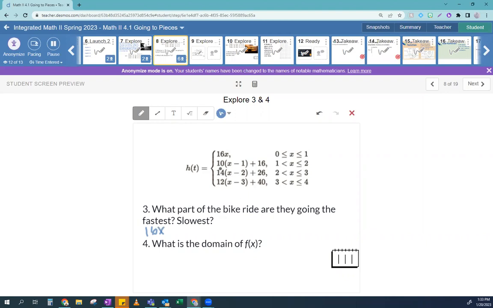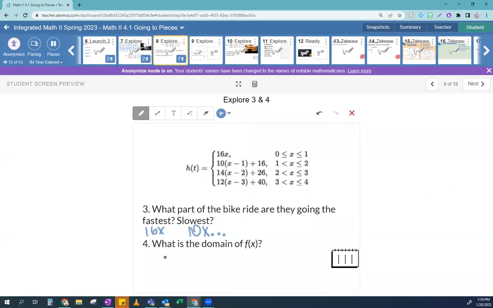Yeah, it has the smallest slope. Look at all my slopes: 16, 10, 14, 12, 10 for sure. Very good. Someone else said, it's the least steep. Very good. So I'm just going to put 10x, and then dot, dot, dot, so you guys know I'm not going to write the whole equation.